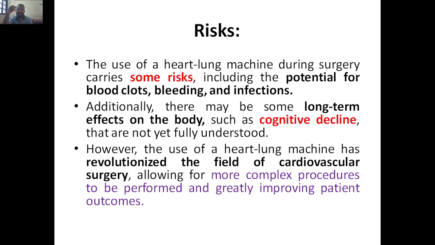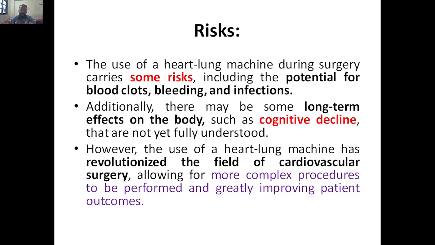Even though it comes with many risks, like blood clots, bleeding, infection and cognitive decline, this machine has a great impact and can greatly improve patient outcomes.